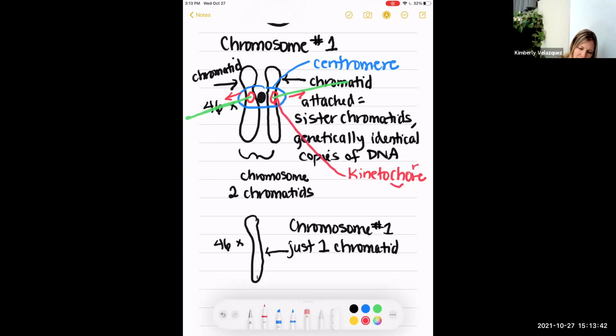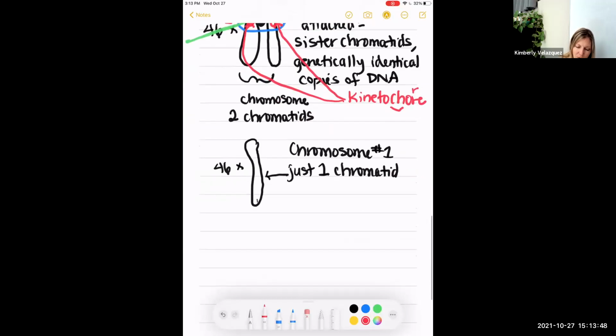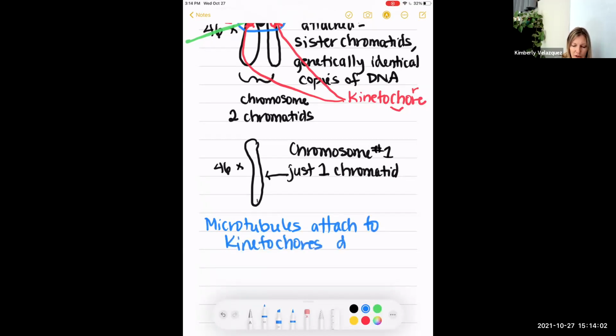This ring structure is a kinetochore, and this ring structure is a kinetochore. Microtubules attach to the kinetochores during cell division.